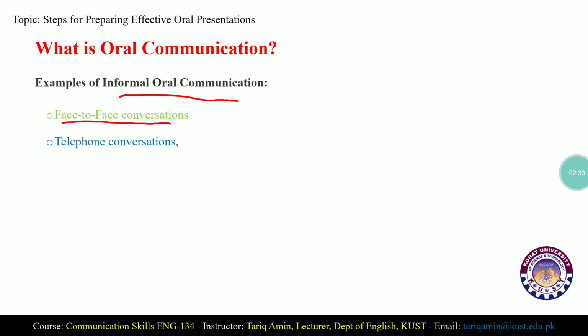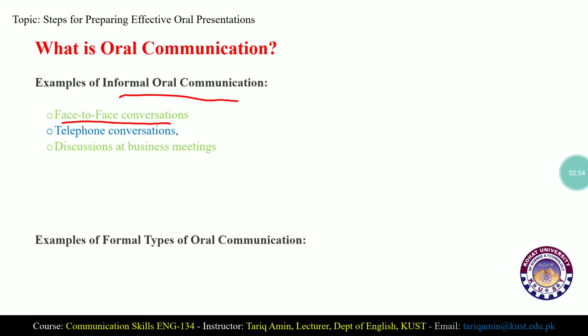Apart from this, sometimes we talk to our friends, our family members, or some other people through telephone, through our cell phones. So these telephonic conversations are also informal oral conversations. And discussions at business meetings are also informal oral communication.